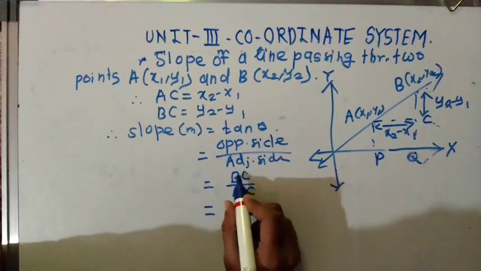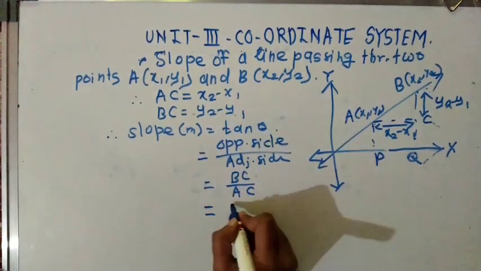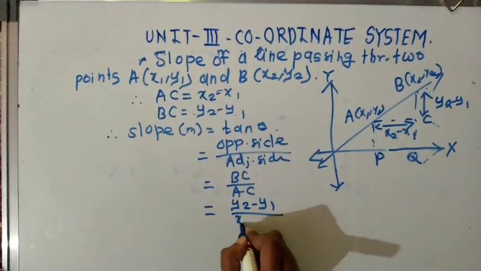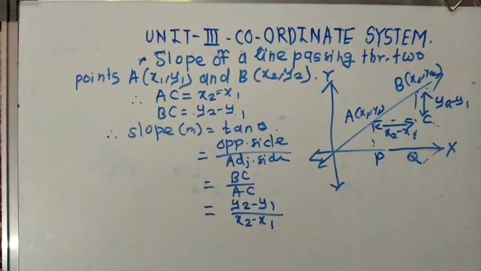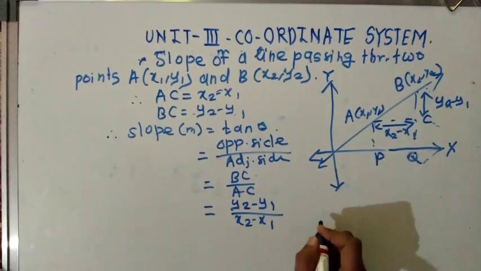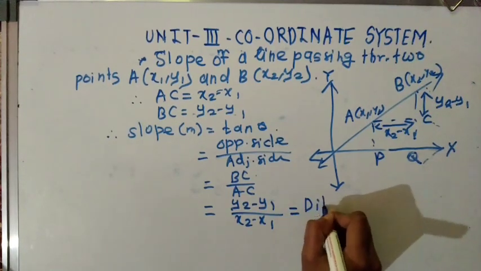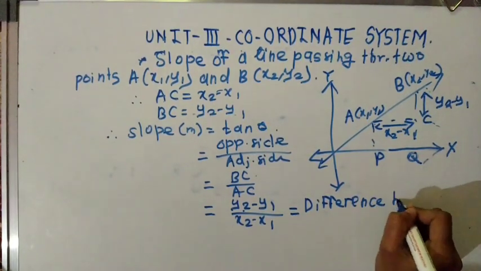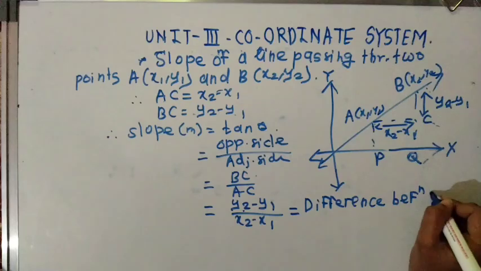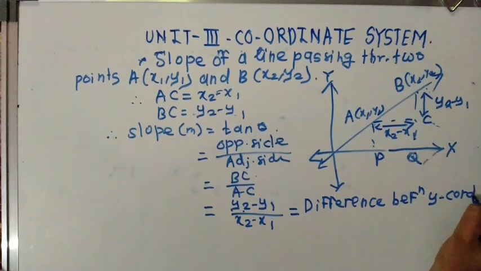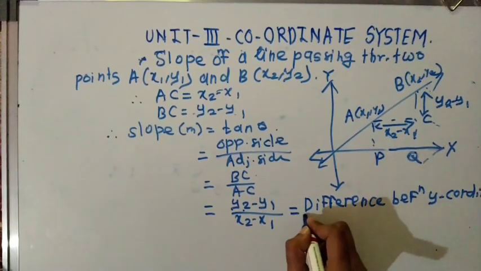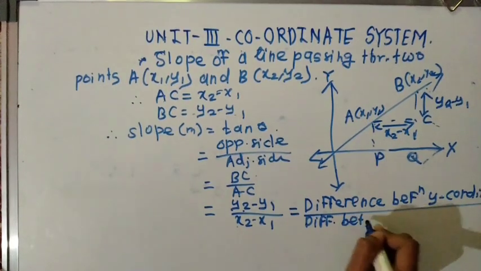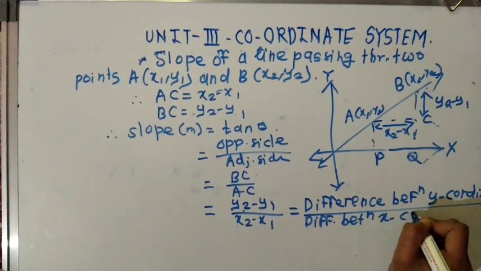So here we get BC is equal to y2 minus y1 and AC is equal to x2 minus x1. Hence m is equal to the difference between y coordinates upon the difference between x coordinates.